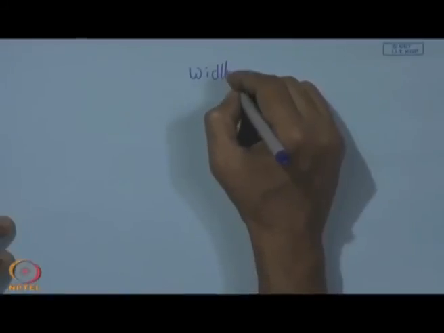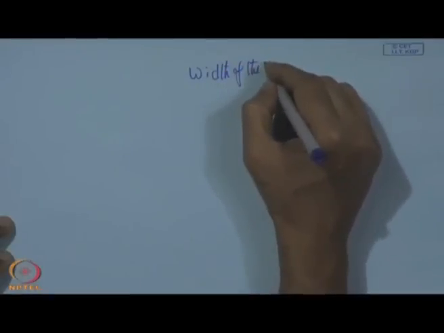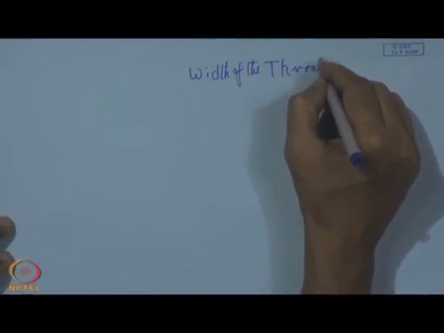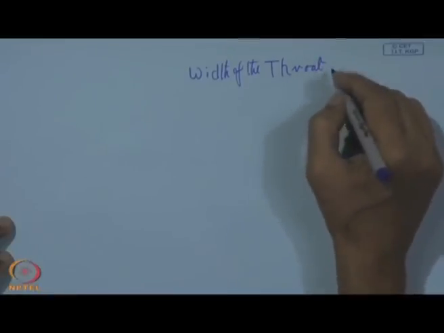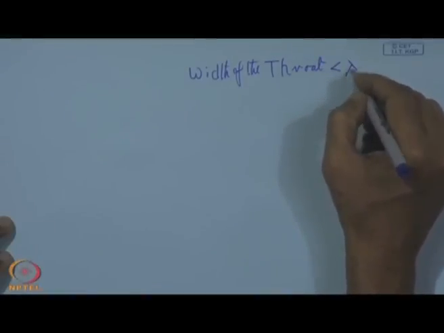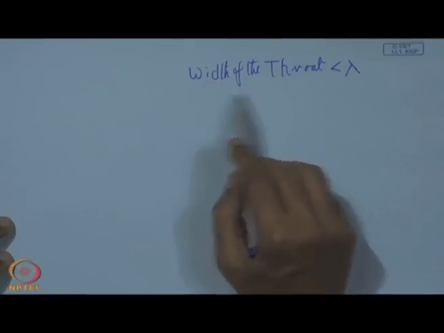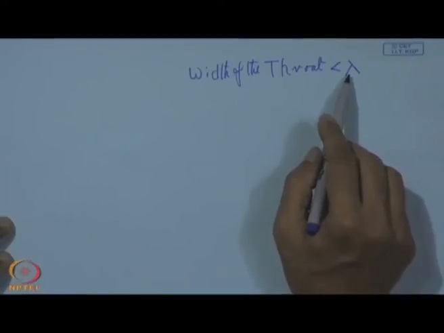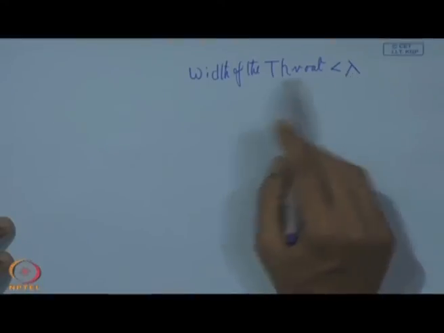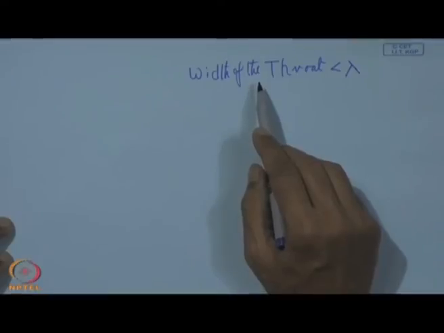In this case, the width of the throat is less than lambda. That means we do not expect any collision within the gas molecules because the mean free path is greater than this width. So, in this case it will be just like diffusion, and it almost resembles the diffusion process.